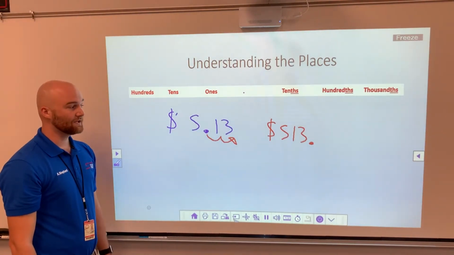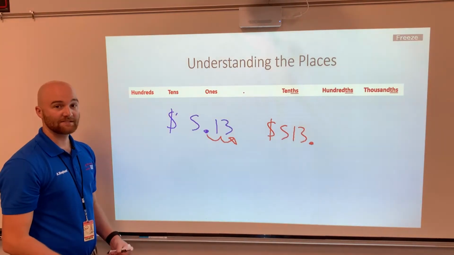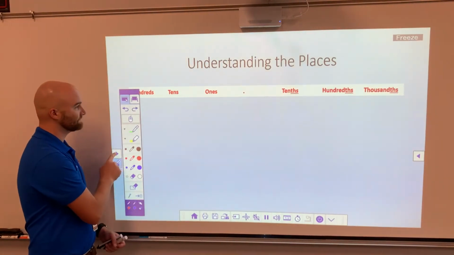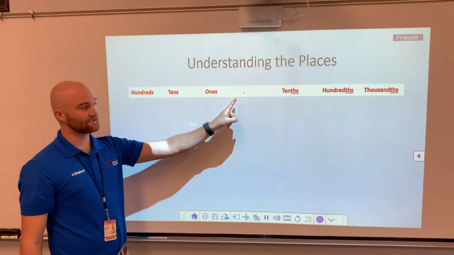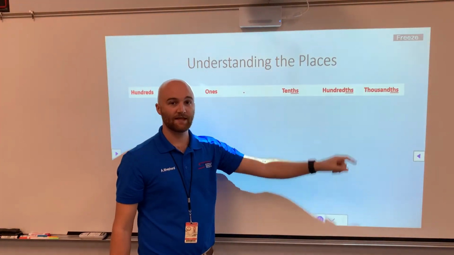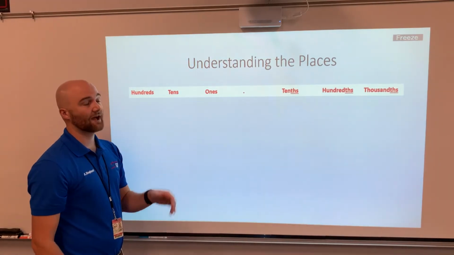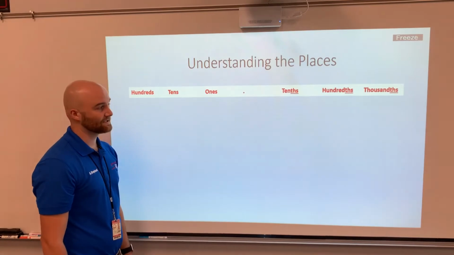And all we've done is we've moved that decimal to a different place. Place value is based on where that decimal is. So here we've got our hundreds, tens, ones, our decimal, our tenths, hundredths, and thousandths. If I were you and I was taking notes, I would write down this place value chart because it will help us in our next section.